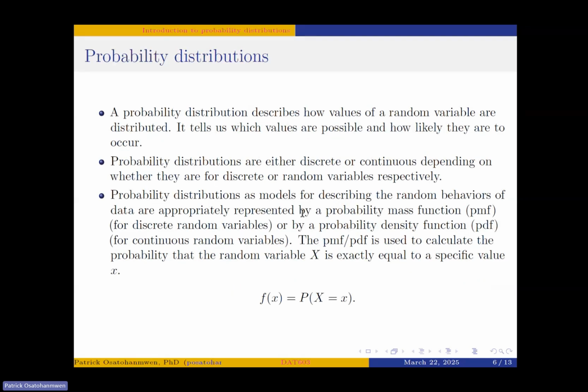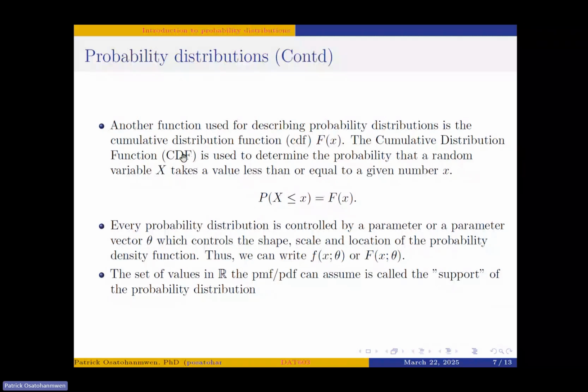The probability density function is used to calculate a specific probability, that is, the probability that the random variable x will assume a specific value, while the cumulative distribution function is used to compute the probability that the random variable x will take a value less than or equal to a given value.